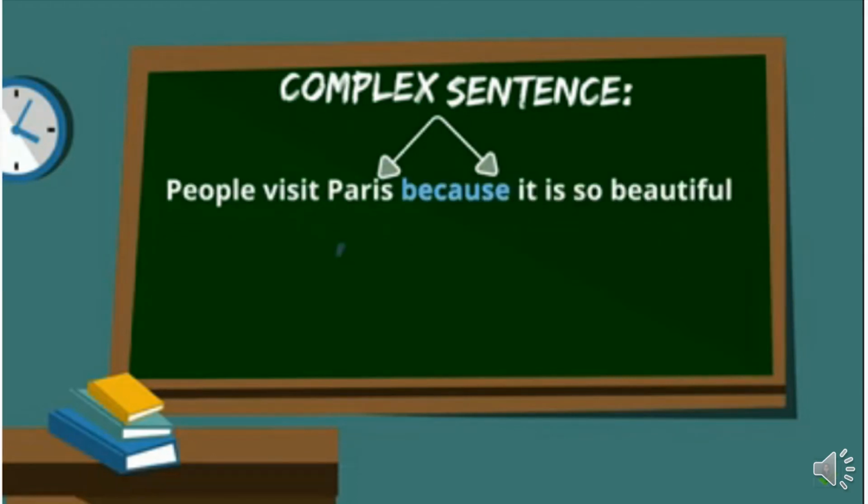So we can say that people visit Paris because it's so beautiful is a complex sentence that's made up of an independent clause and a dependent clause. And remember that a dependent clause always starts with a subordinating conjunction. In this case here we have because.